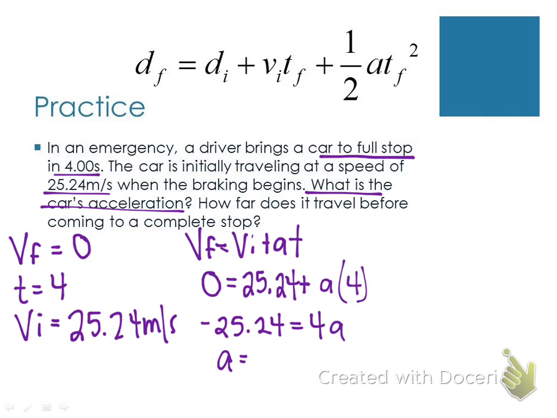And that gives us an acceleration of negative 6.31 meters per second squared. We've got our acceleration to be negative 6.31 meters per second squared.